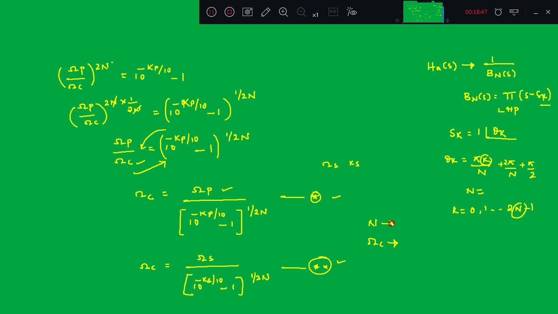In the next video, and one more important thing I forgot to mention is, this derivation is very important from the examination point of view for 8 to 10 marks, right? So they will directly ask, derive an expression for the order of the filter n and the cutoff frequency omega c for a Butterworth low pass filter or low pass Butterworth filter, right?